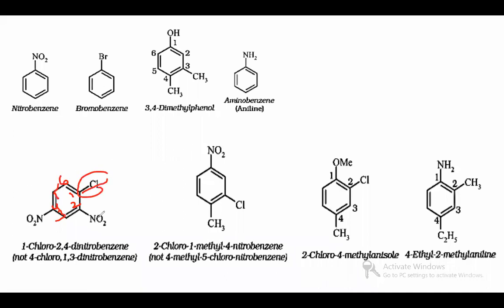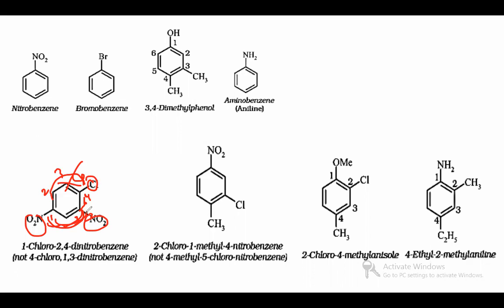So first 1 chloro, then 2 comma 4 dinitro benzene. That should not be in reverse order. It should not be like this, because the more number of substituents should get the lower numbers from this side only.